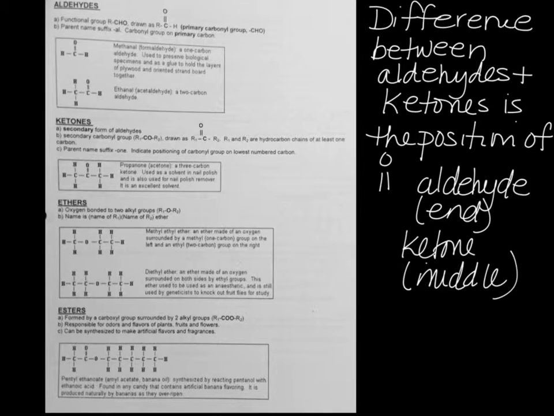To name it, all we do is add an AL ending. So the first one, we have methane, drop the E, add AL. Second one, we have ethane, we drop the E, add the AL.